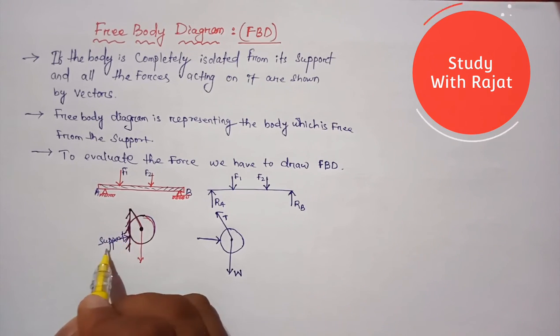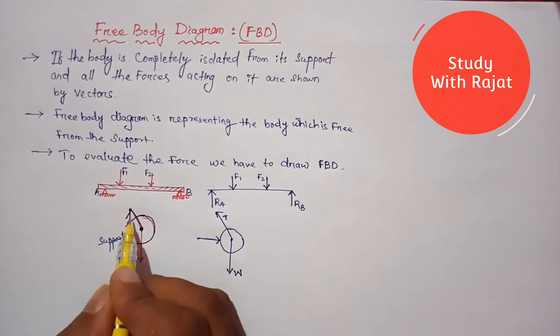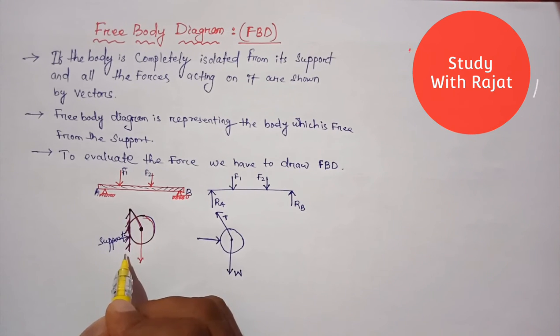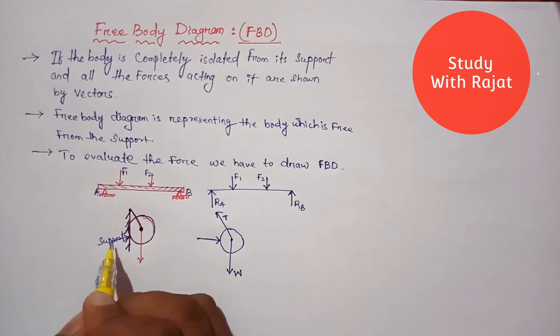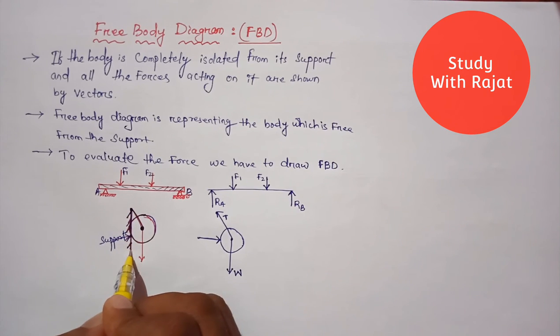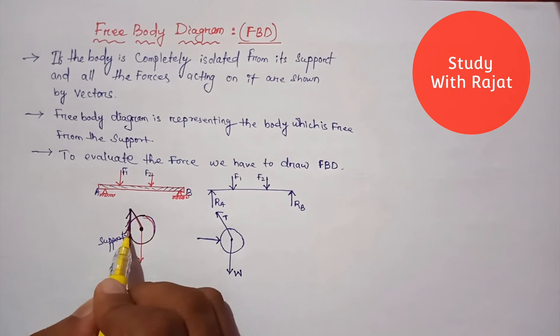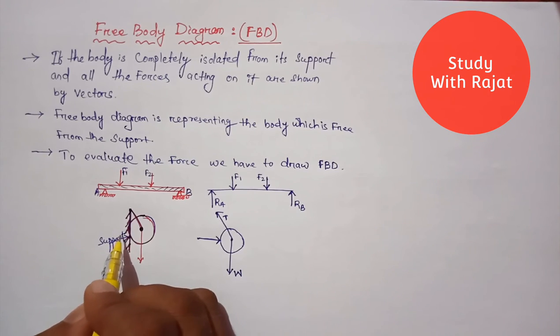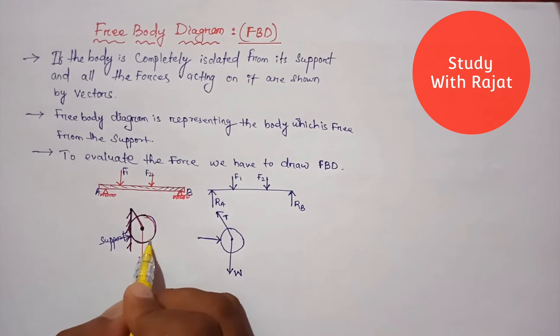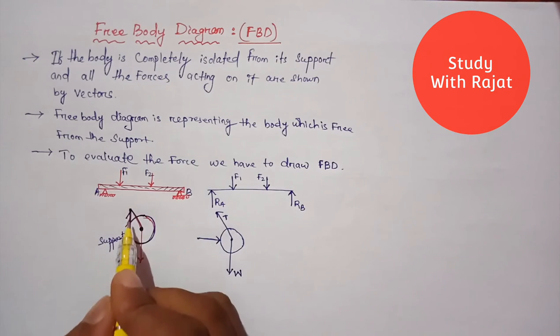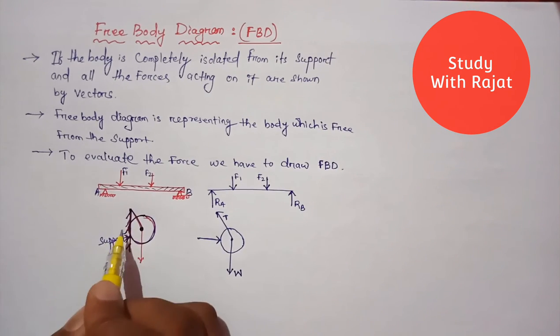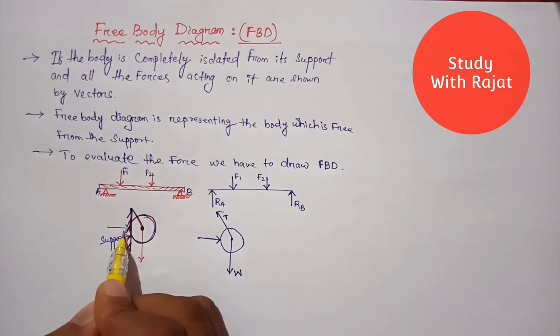This is only one support, so we will remove this support. What force will act when we remove this support? This object is resting on the wall, so a reactive force will act on this point.